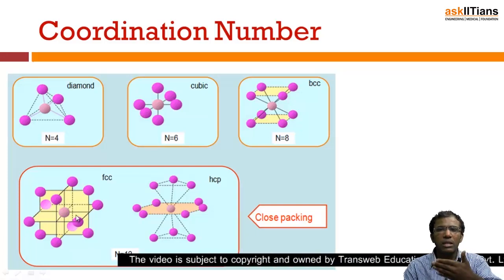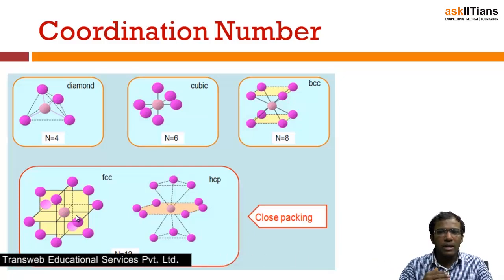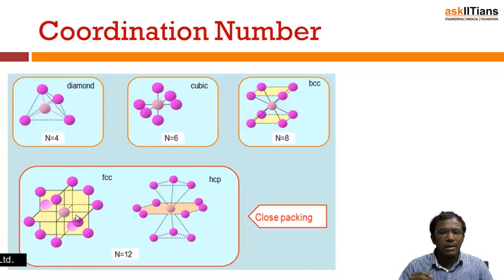So we have 3 mutually perpendicular planes, and each plane has 4 particles in contact with the central particle, so this central particle is in contact with 12 particles. That's why its coordination number is 12. So this is about the 3-dimensional structures, HCP and CCP.